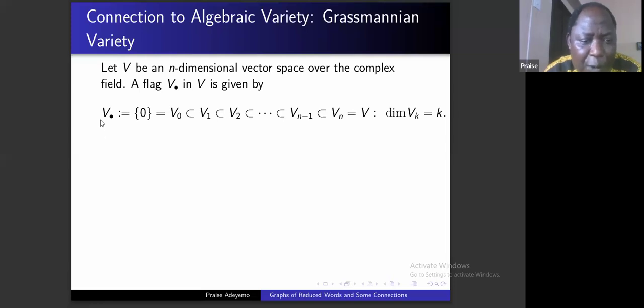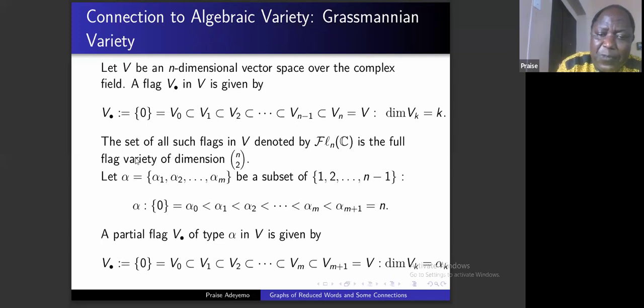When we have a flag like this, we say we have a complete flag. We can talk about the set of such flags, which is called the full flag variety. It is denoted by Fn(C), and it is of dimension n choose 2.